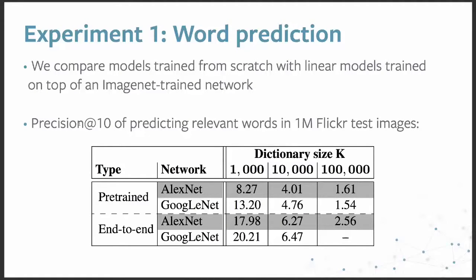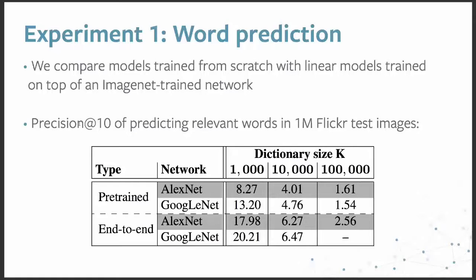So here are now the results we obtain with this type of thing. We compare our model trained end-to-end on this data with a model that has been trained before on ImageNet, where you just learn the head, so just the classifier.